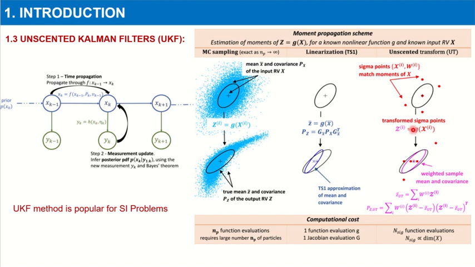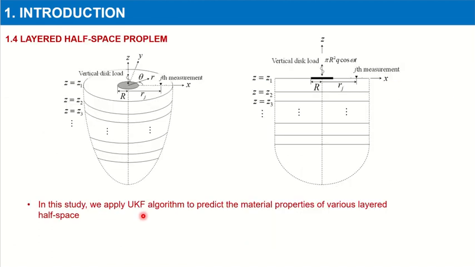The advantages of this method are the accuracy, and it's easy to implement. In this study we will use the Unscented Kalman filter for the system identification problem. The problem we considered is the layer half-space problem.